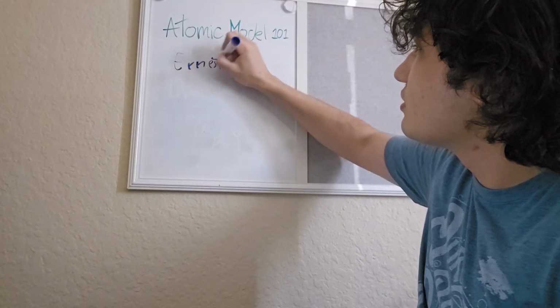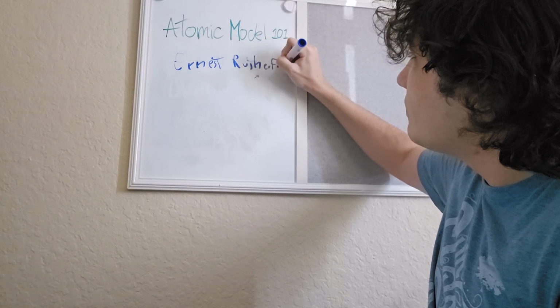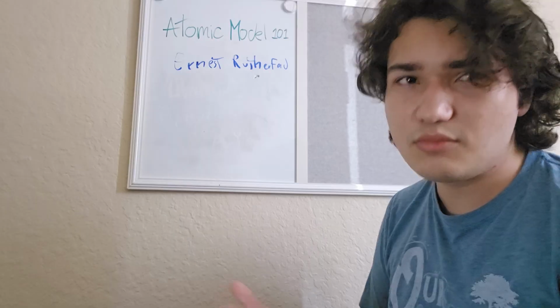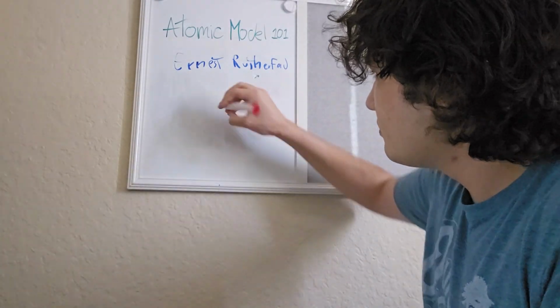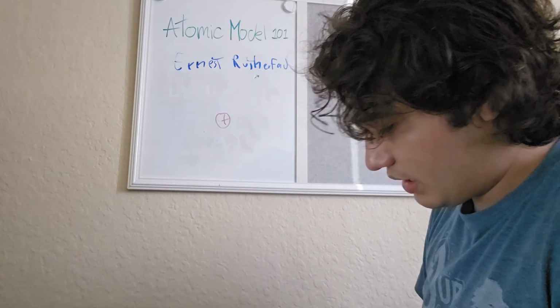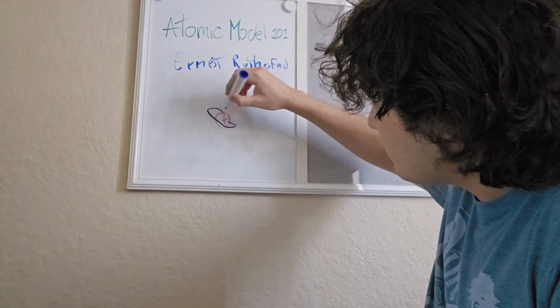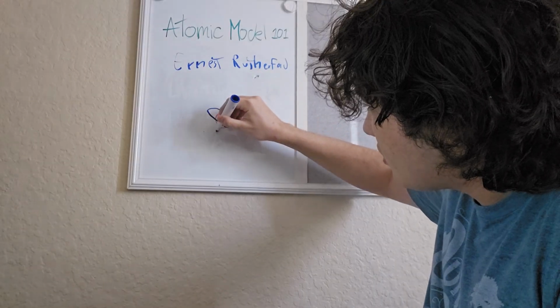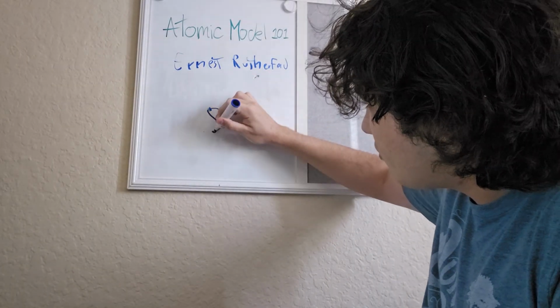Ernest Rutherford. Now, of course, he is from one of the most recognizable ones, at least in media. It's as simple as a core, and then the orbits with electrons around it.